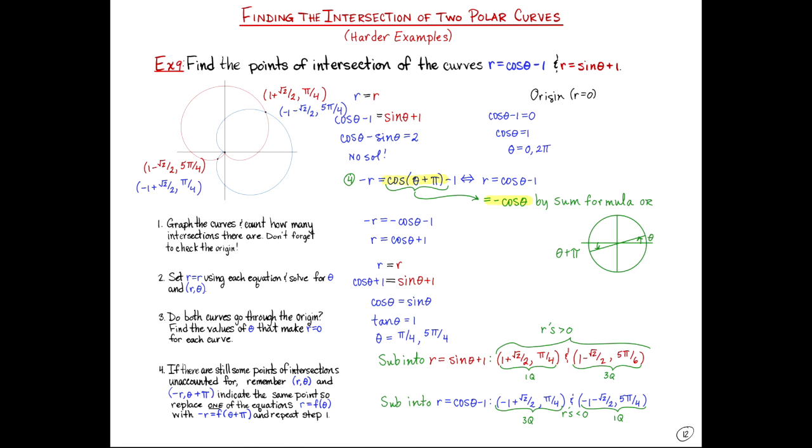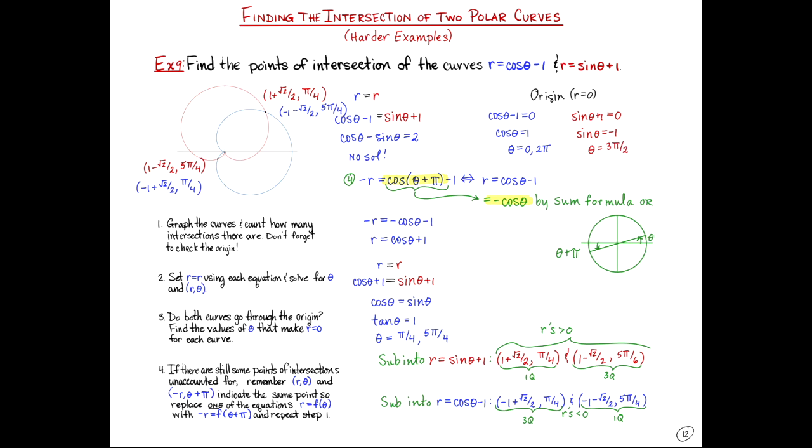Setting sine theta plus 1 equal to 0, let's subtract 1 from both sides, giving us sine theta equal to negative 1. Solving for theta, we have theta equal to 3 pi over 2.